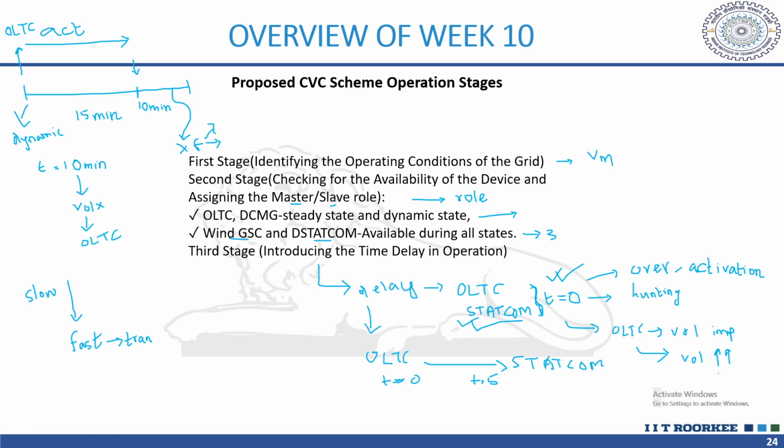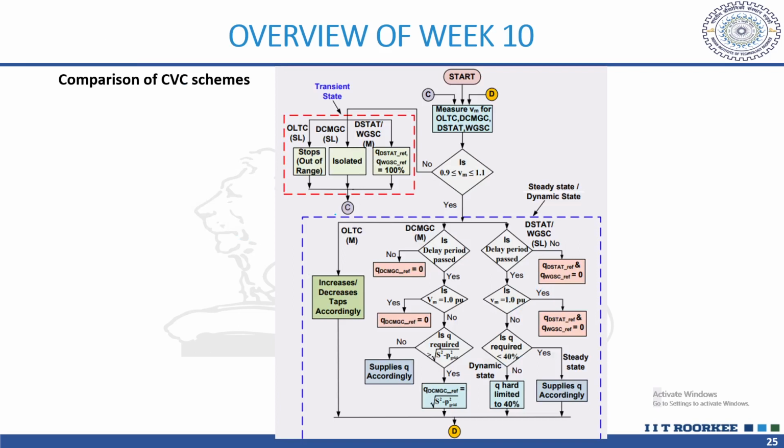Okay, so this is proposed here, that's why. Then the proposed scheme. Here, again we are checking whether the voltage is within limit. If it is within the limit, then in the earlier scheme there was no delay period, right? So here we are introducing the delay period, and you can see first this OLTC is acting and this DC microgrid is acting. If the delay period has not passed, they are waiting and setting the Q as 0.